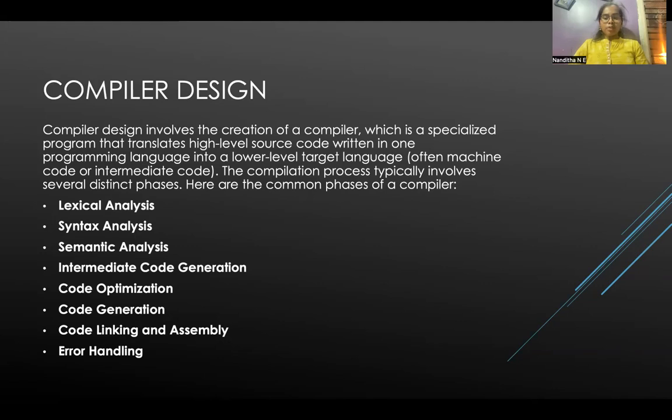The compilation process typically involves several distinct phases. Here are the common phases of the compiler: lexical analysis, syntax analysis, semantic analysis, intermediate code generation, code optimization, code generation, code linking and assembly, error handling.